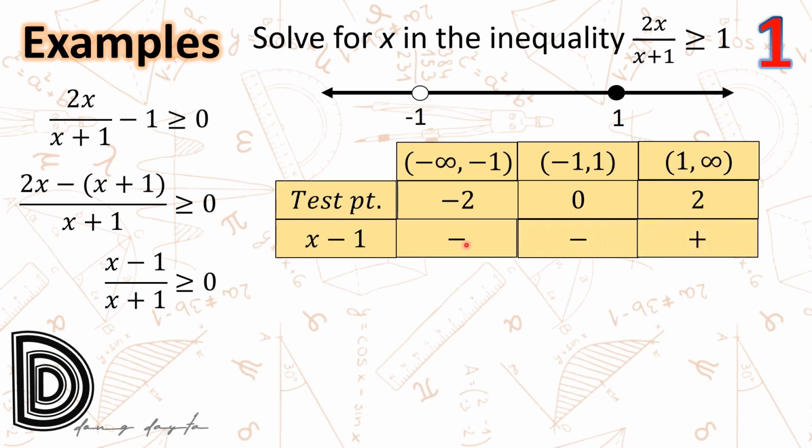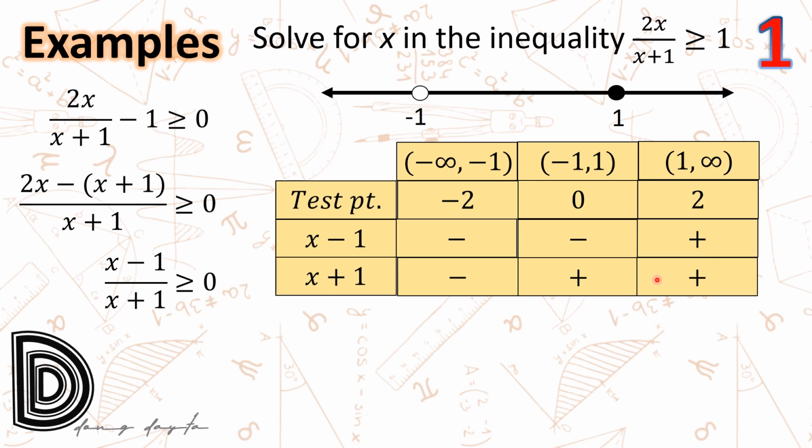The other expression is in the denominator, x plus 1. So at negative 2, in the interval negative infinity to negative 1, that will be negative because negative 2 plus 1 is negative 1. At negative 1 to 1, that is positive because 0 plus 1 is positive 1. And then at 1 until positive infinity, that is positive because 2 plus 1 is positive 3.